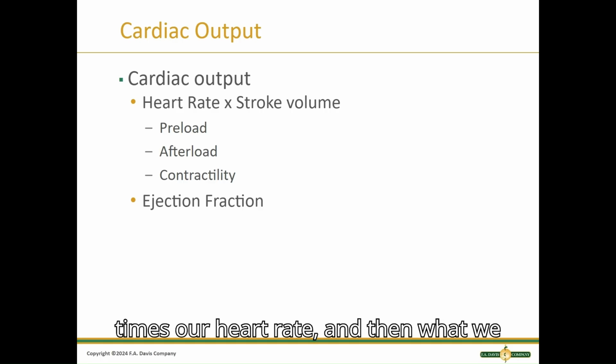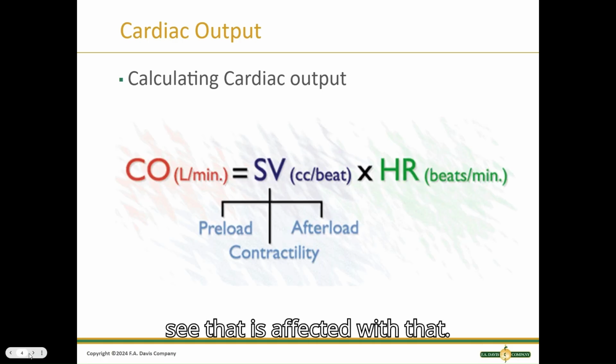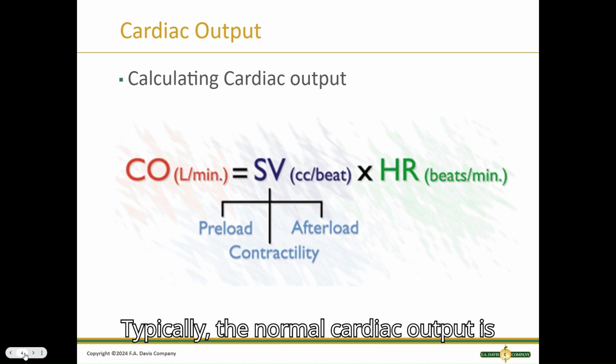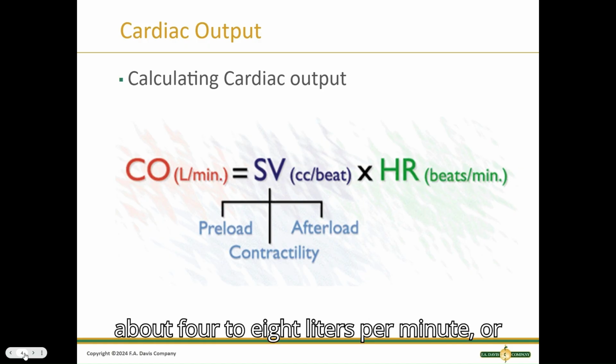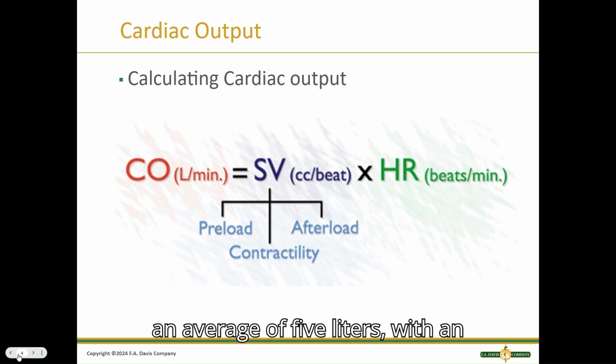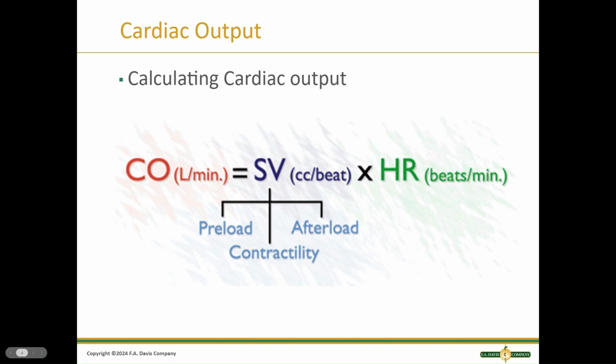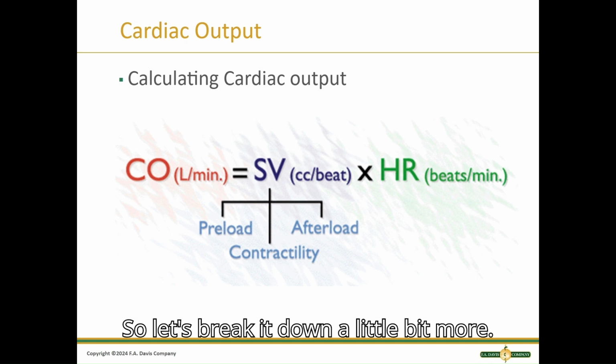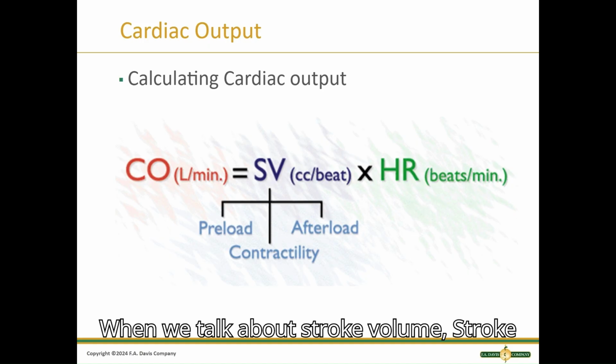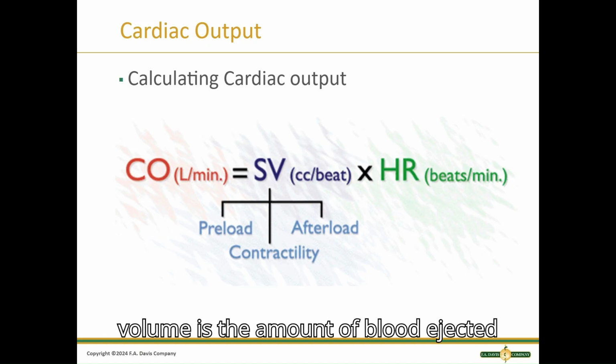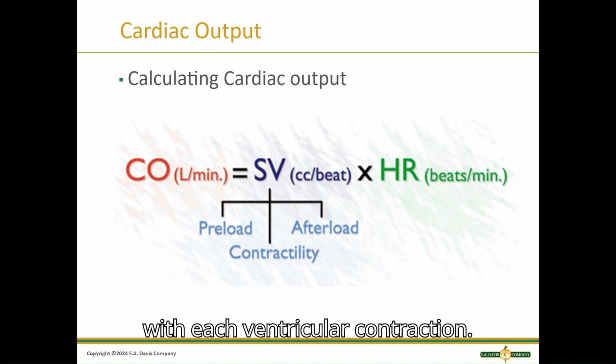We're going to talk a little more in depth about that. So here is just the formula for cardiac output, which is what we talked about. It's our stroke volume times our heart rate, and then what we see that is affected with that. Typically, the normal cardiac output is about 4 to 8 liters per minute, or an average of 5 liters per minute.